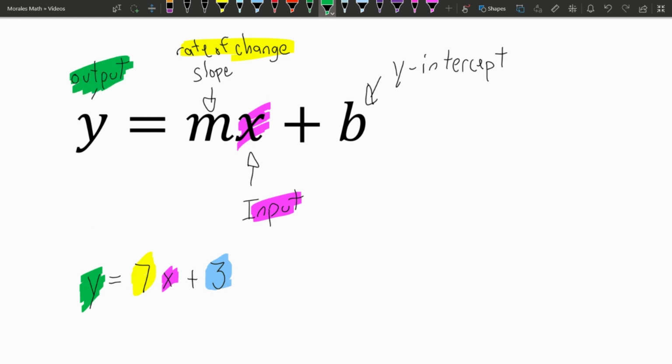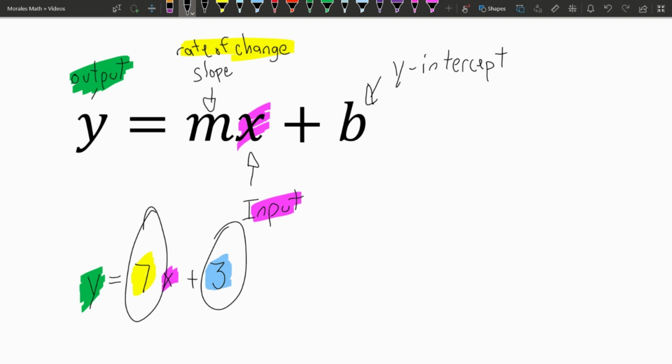So you're going to notice that in linear equations, the x and y stay as letters, because in a job, the amount of hours you put in and your paycheck change all the time. But what doesn't change is your actual pay rate. That doesn't change every week. And of course, once you get your bonus of $3, that doesn't change either, because then it becomes part of the past. So that's just one way to understand linear equations.